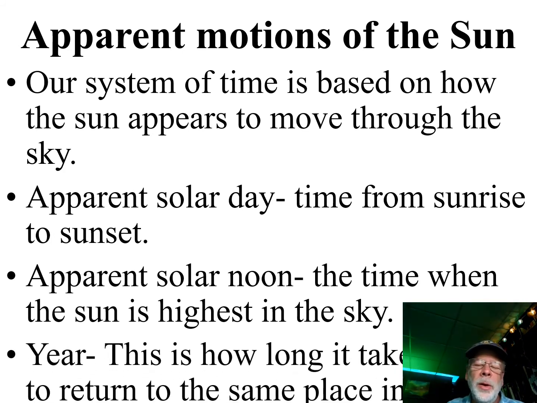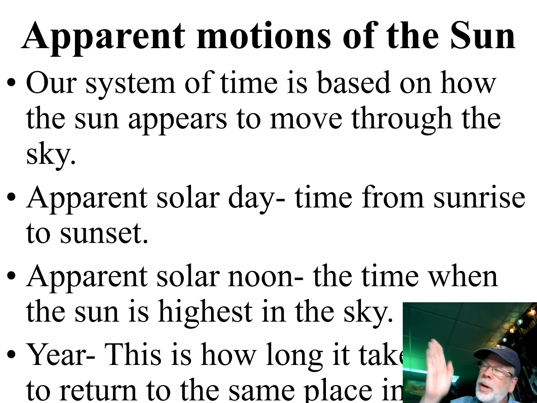The year is how long it takes the sun to return to the same place in the sky. You mark out where the sun is in some particular group of stars, and how long it takes the sun to get back there, that is a year. So all of these units of time aren't based on the sun's motions, really. They're based on the Earth's motion.